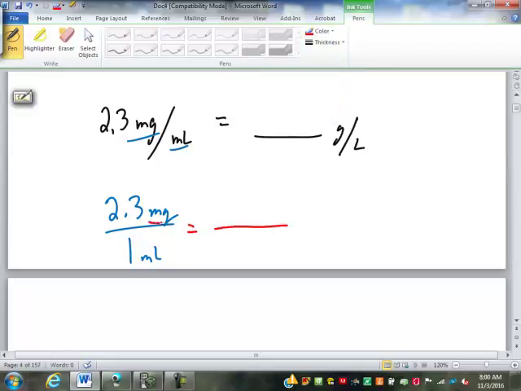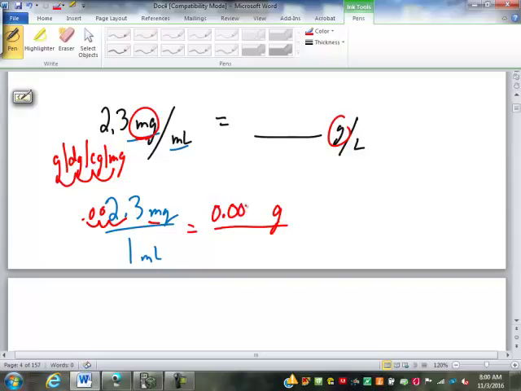But milligrams have to become grams. To get from milligrams to grams using that chart, how many spots am I moving? Three spots to the left. So I take my decimal point and go 1, 2, 3 spots to the left, putting in the zeros. So that's 0.0023.